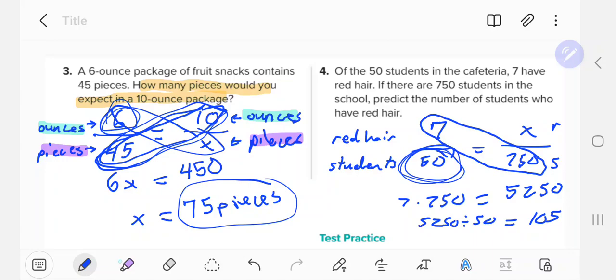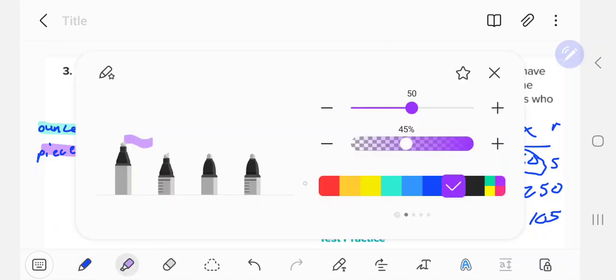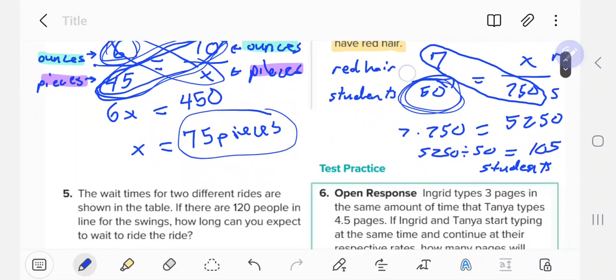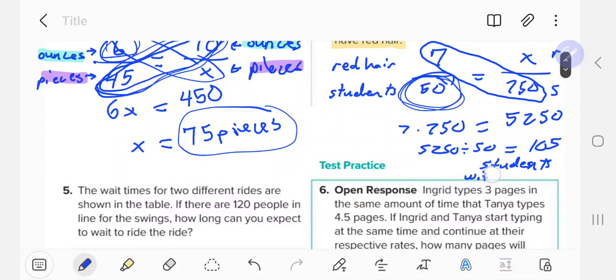And now we always go back and check the question. It says predict the number of students who have red hair. So that 105 represents the students with red hair. Right? All right. There we go.